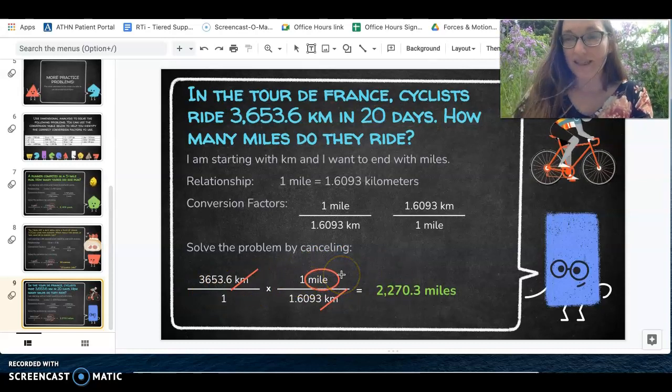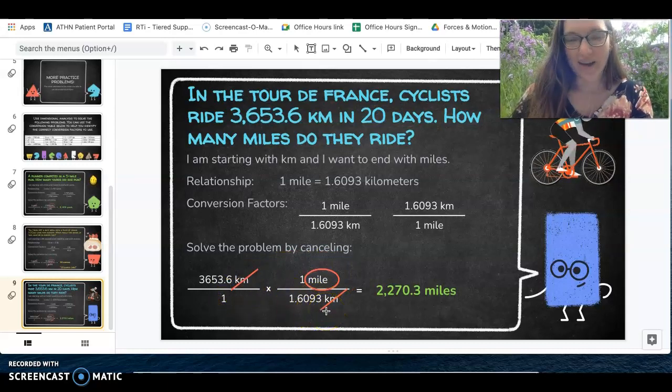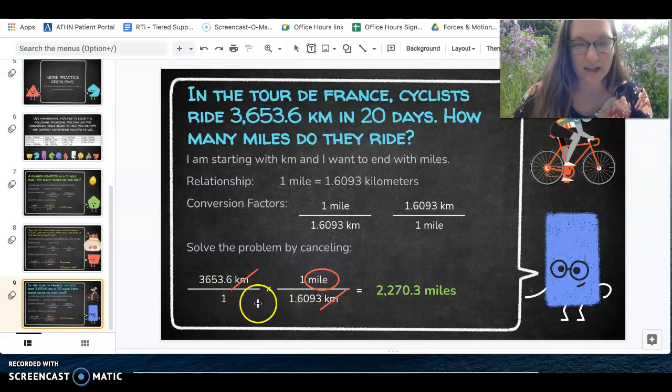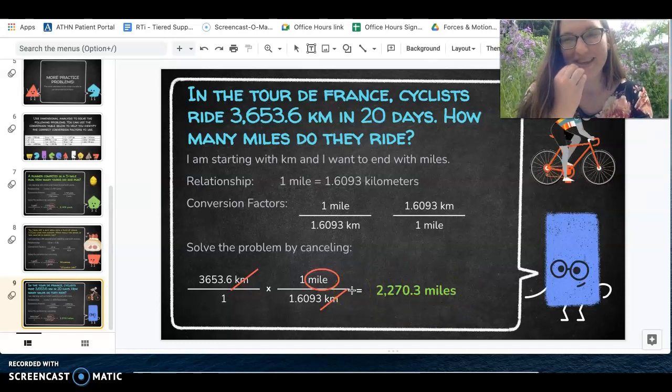And then I'm going to divide that by 1 times 1.6. So what that's going to end up being is 3,653.6 kilometers divided by 1.6. And that's going to give me 2,270.3 miles.